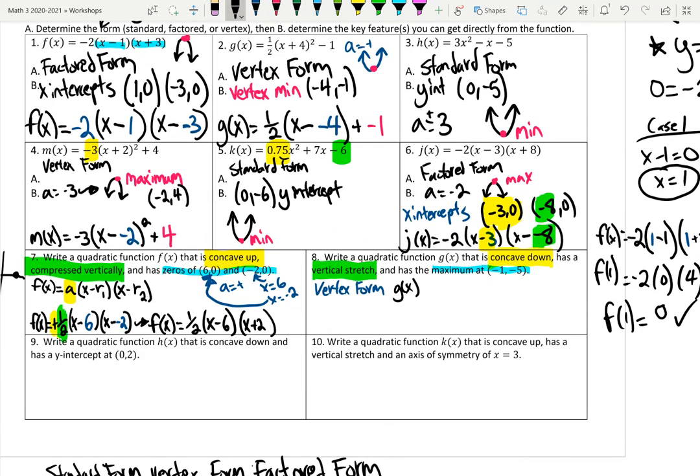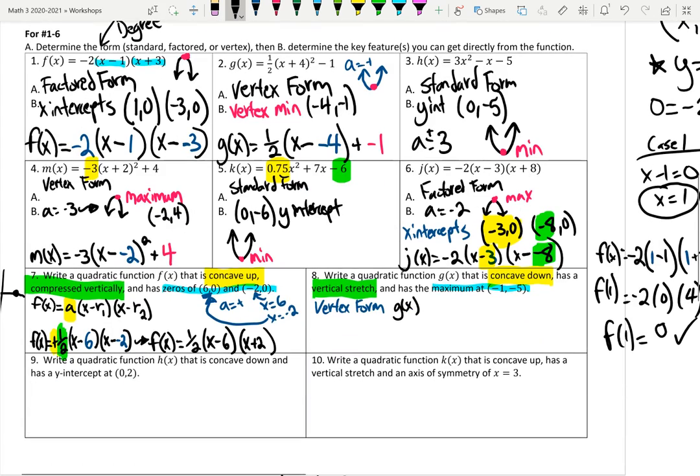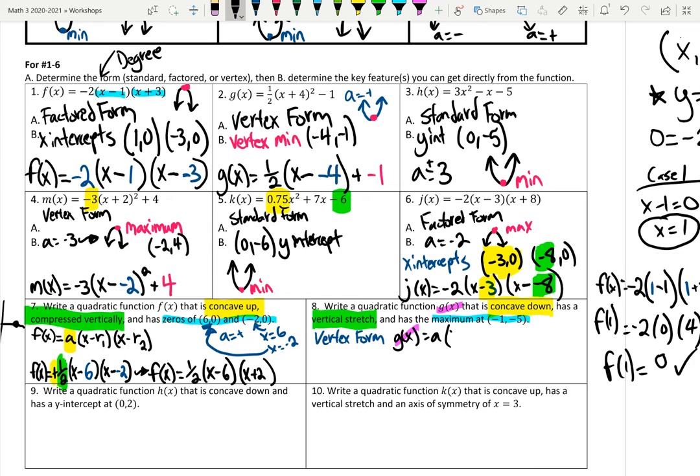Why did I not write f of x? Even though the vertex form I'm referencing says f of x, I see this guy is saying, hey, name this function that you're writing for me as g of x. Now I'm going to go ahead and continue, and it's going to be a times x minus h squared plus k.